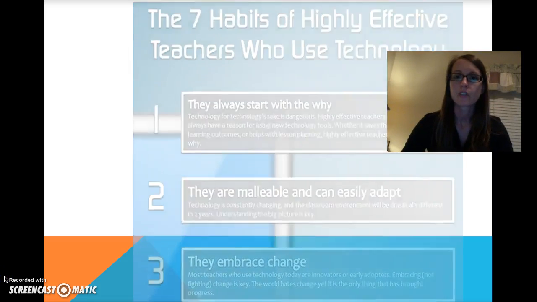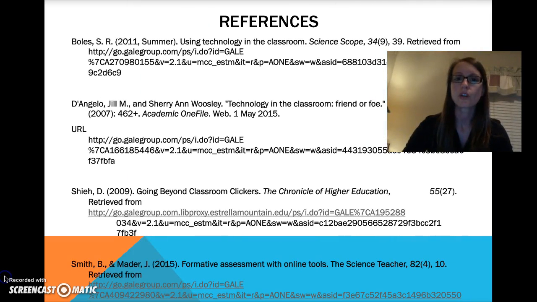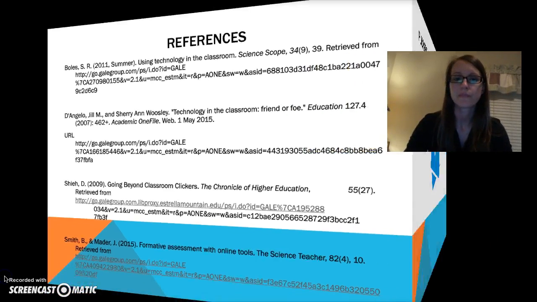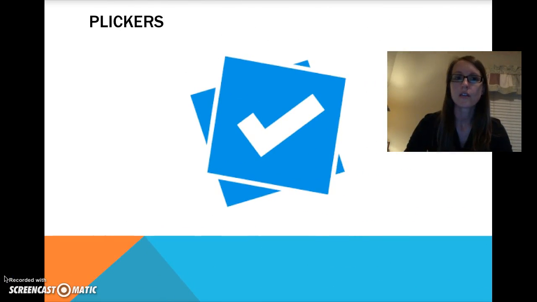So here are my references. I read a lot about using technology in the classroom. Very interesting. And of course, I went with Plickers because I thought it was for the purpose I was looking at, or to solve my teaching problem. I think that would translate the info to the students to where they can understand.